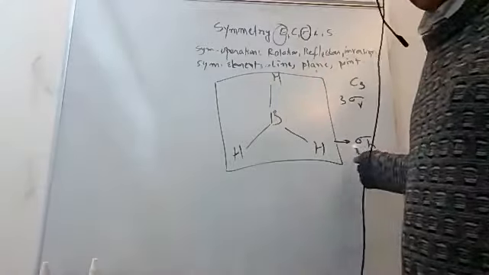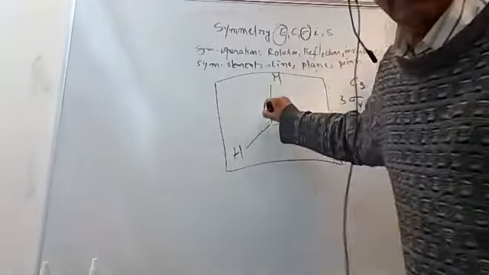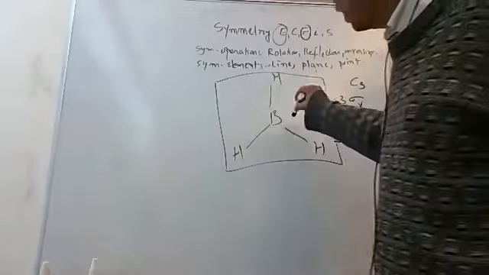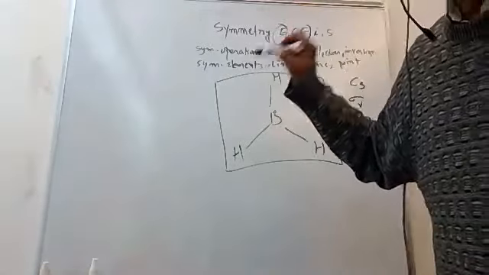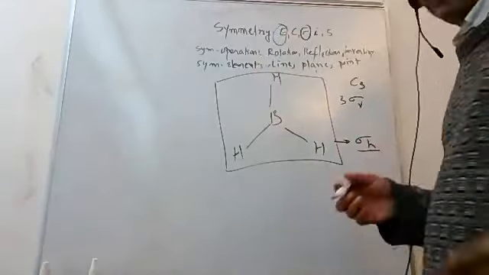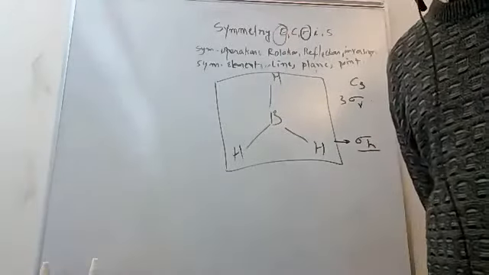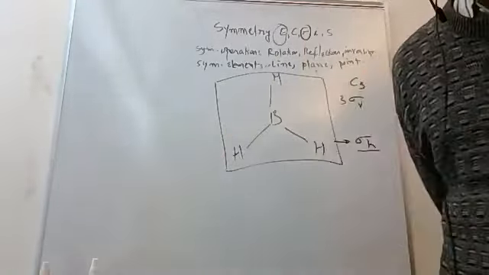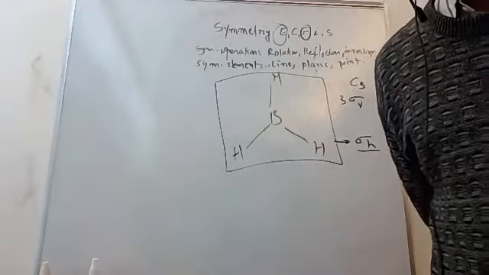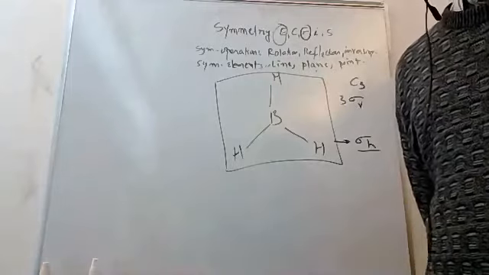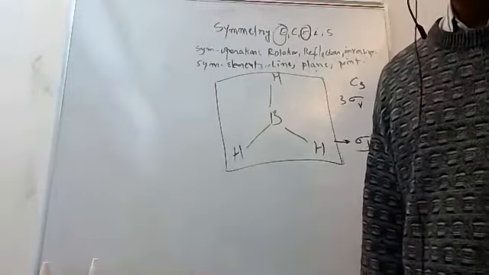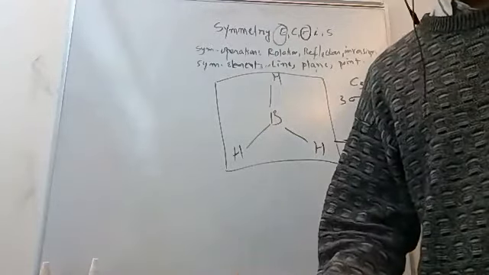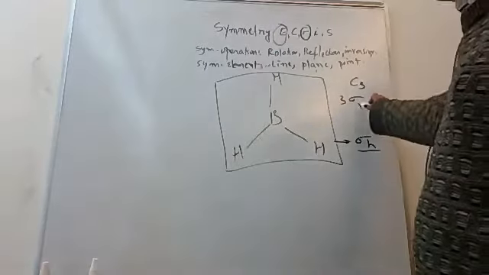If a plane is perpendicular to the highest fold rotational axis of symmetry, then that plane must be designated as sigma H. On the other hand, if a plane contains the highest fold rotational axis of symmetry, that plane is termed a vertical plane of reflection, sigma V. A plane either contains the highest fold rotational axis, or is perpendicular to it. That is what qualifies V or H.